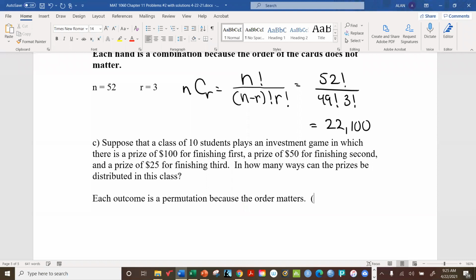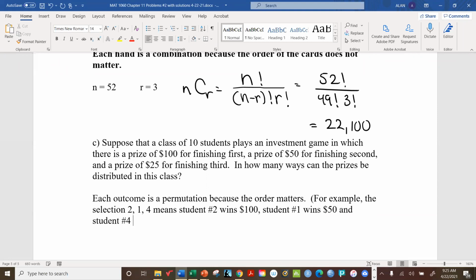In other words, for example, the selection 214 means student number 2 wins $100, student number 1 wins $50, and student number 4 wins $25.